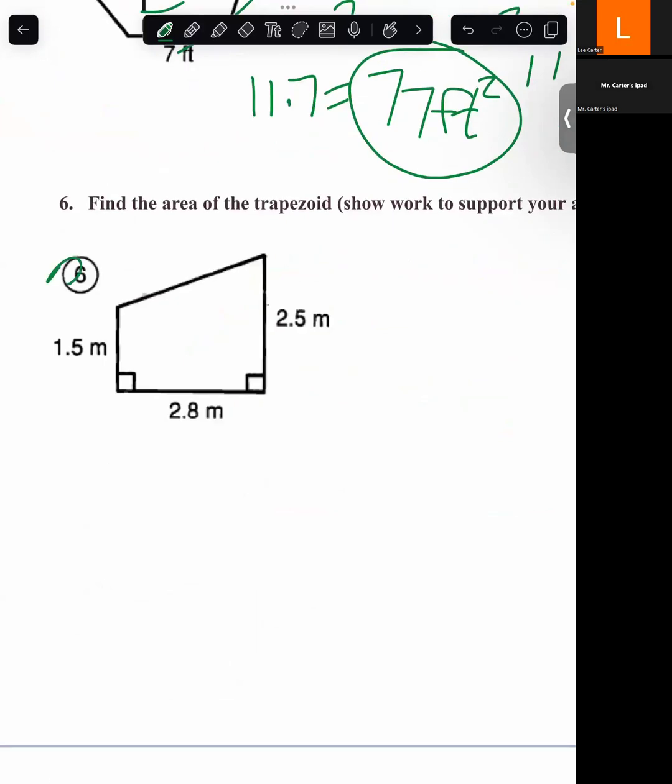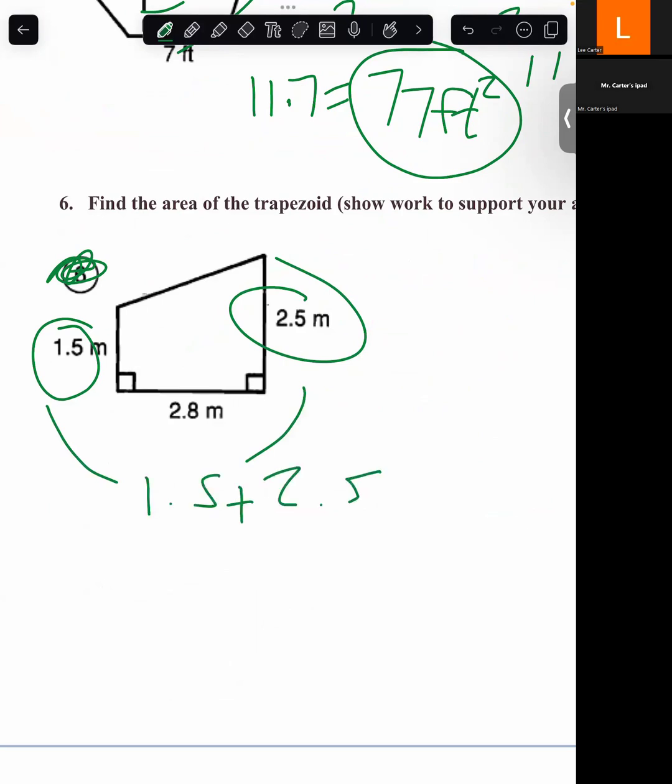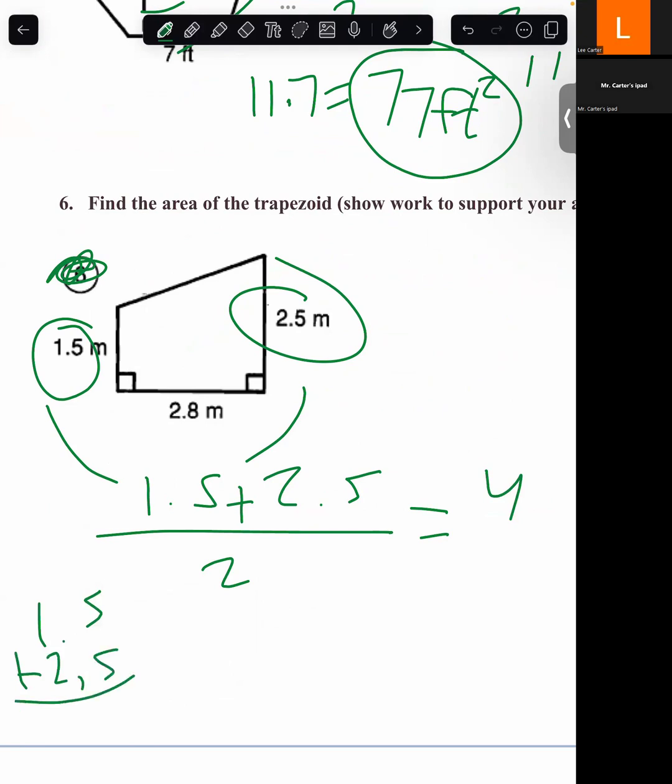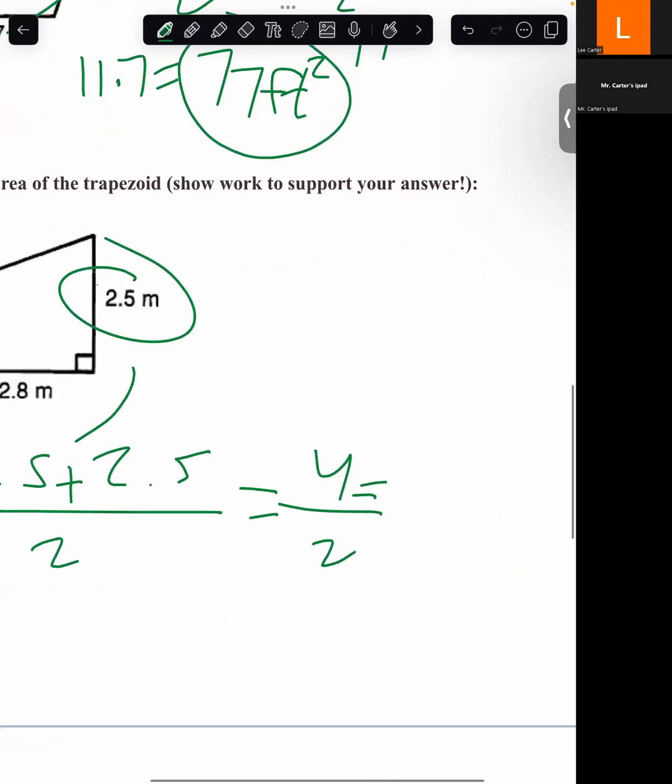Okay, number 6. All right, so here the parallel bases are these two. Okay, so let's average the two bases. So 1.5 plus 2.5, finding the mean of those two. So 1.5 plus 2.5 is 4. So that's 4 divided by 2, which is 2.